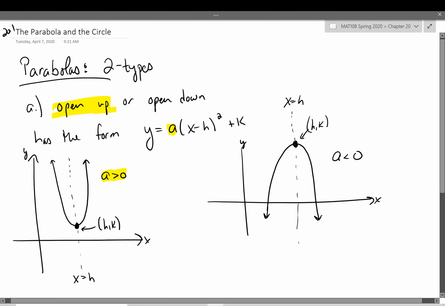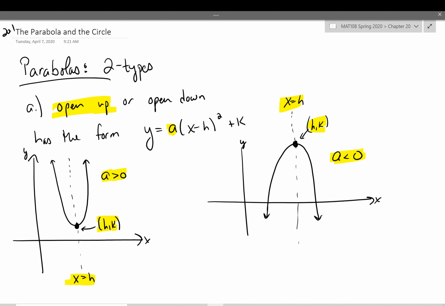We know the vertex is h comma k. We know the line of symmetry, x equals h. Now we know that it'll open down if A is less than 0. But still, we have h comma k as the vertex, and x equals h as the line of symmetry. So we're familiar with this type of parabola, okay?